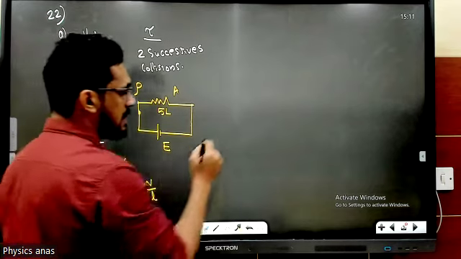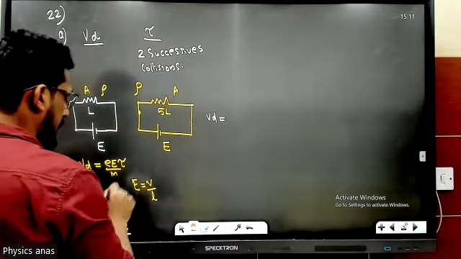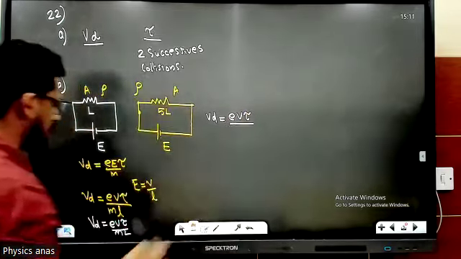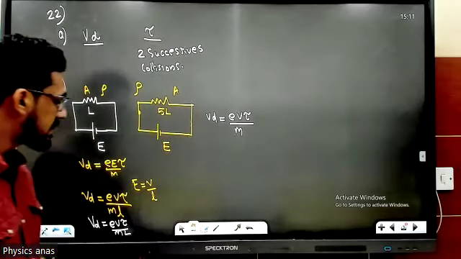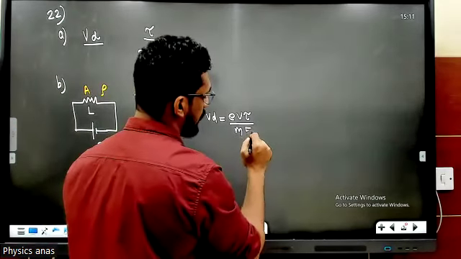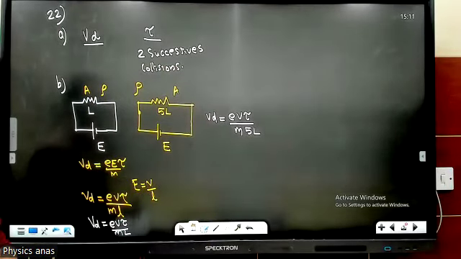But in this case, the equation for drift velocity is eV tau, with no change in it, divided by m, and instead of capital L we are using another conductor having length 5L.